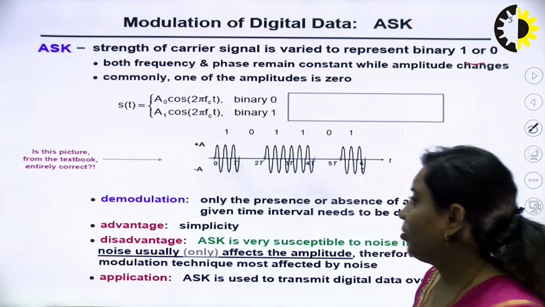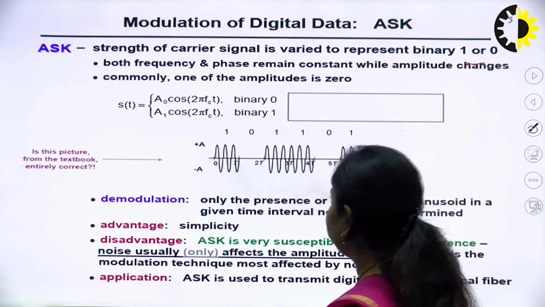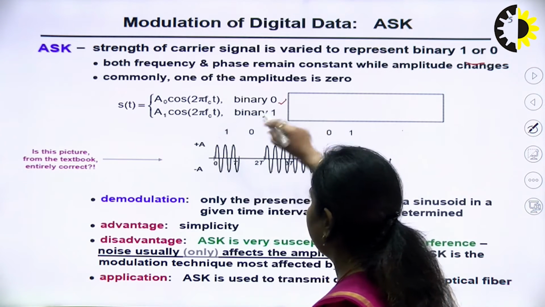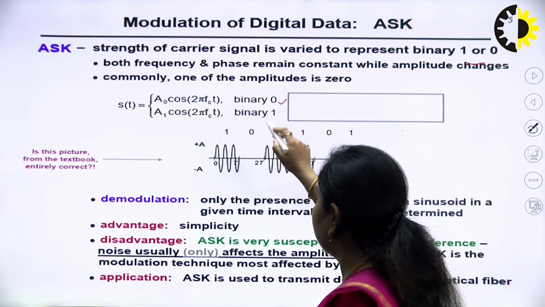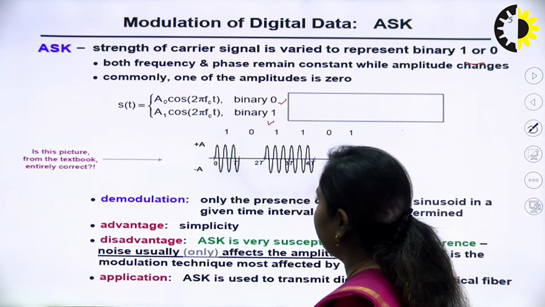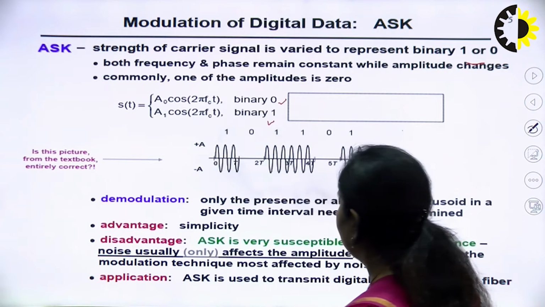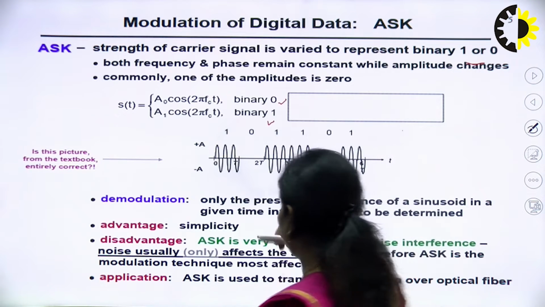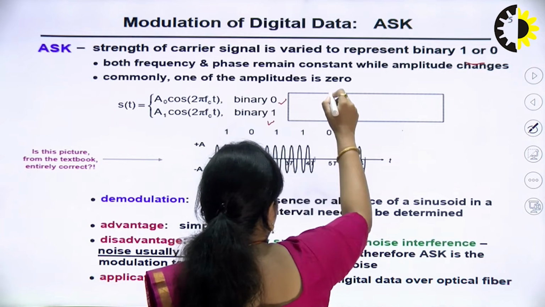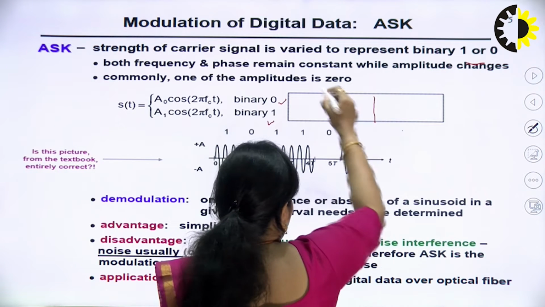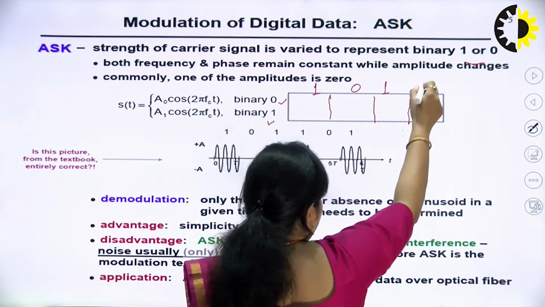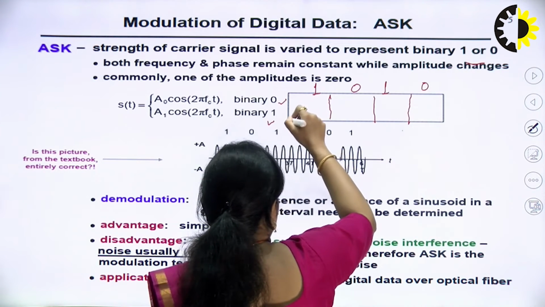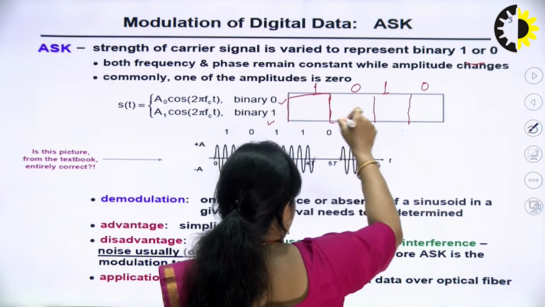This is how you can see that for binary bit 0, this will be the amplitude, that is A0 cos 2 pi fct. For binary bit 1, it will be A1 cos 2 pi fct. Now, if you want to draw the waveform, let us say the bits are 1 0 1 0.